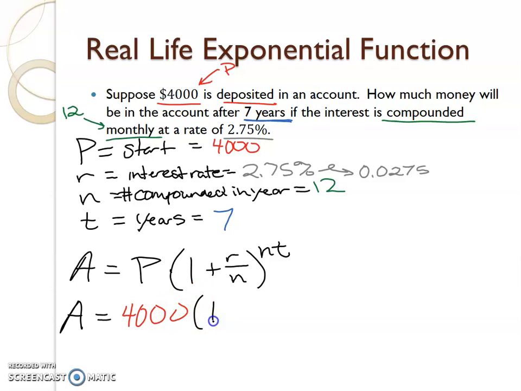And then in parentheses, I've got 1 plus my R. Remember, that has to be a decimal, so 0.0275 over times it's compounded per year, which is 12. Okay? And then in the exponent, I've got my N, which is 12, times my T, which is 7.